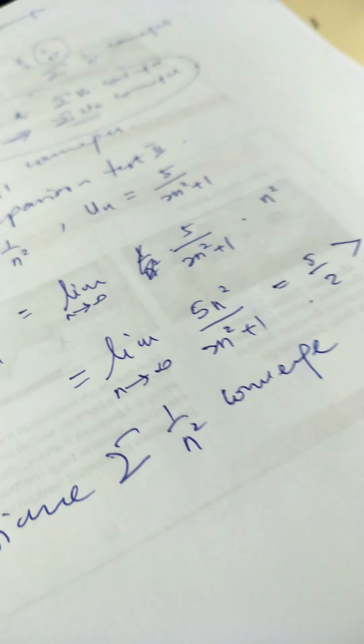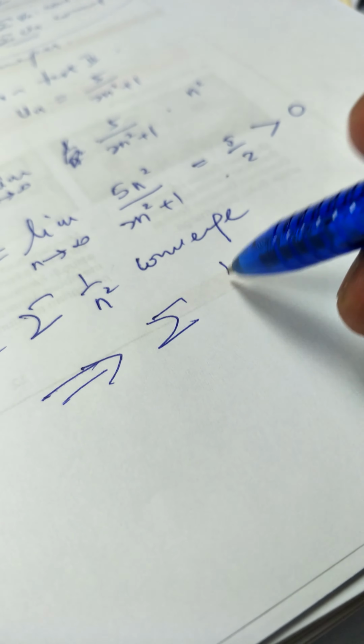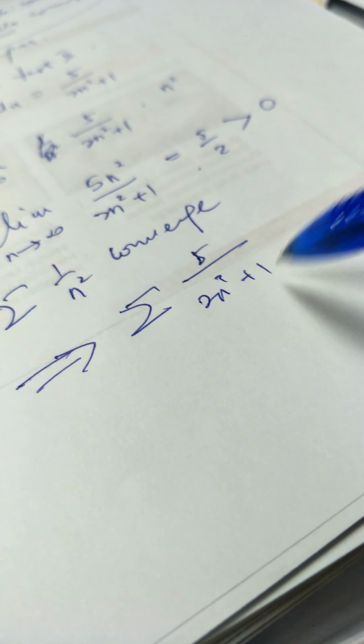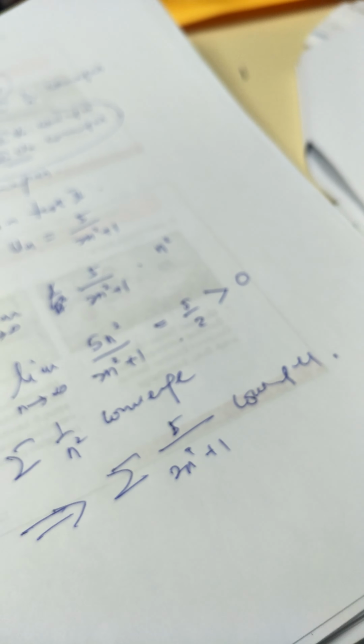So in this case, we have our vn converge. Therefore the other series, the one we want to test, 5 over 2n squared plus 1, also converges.